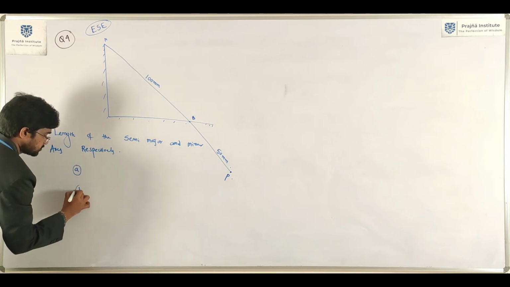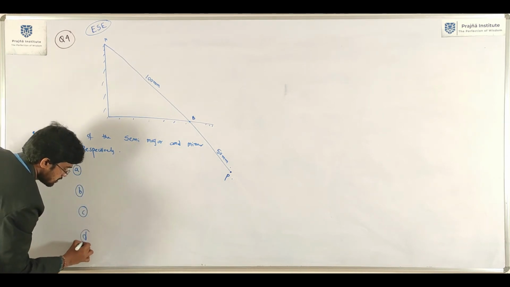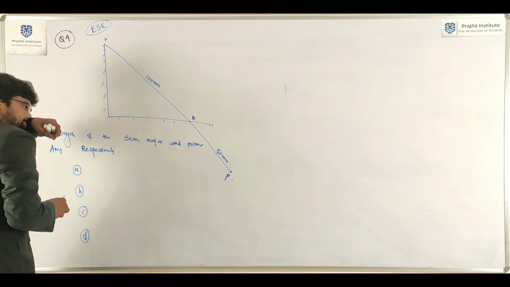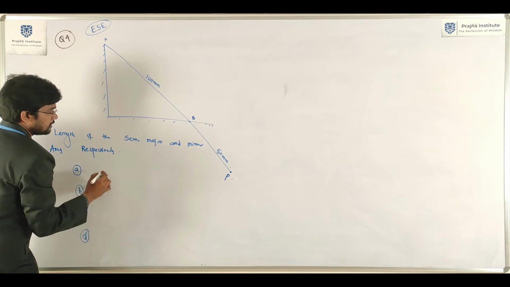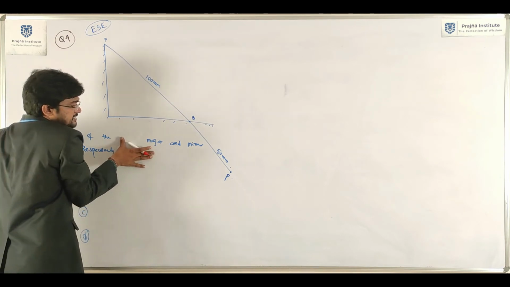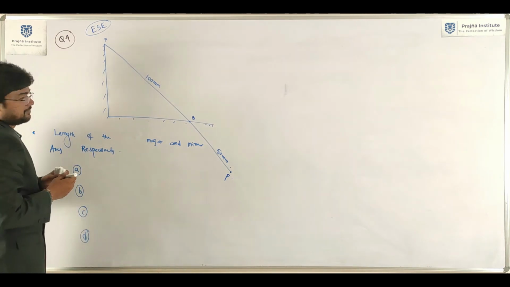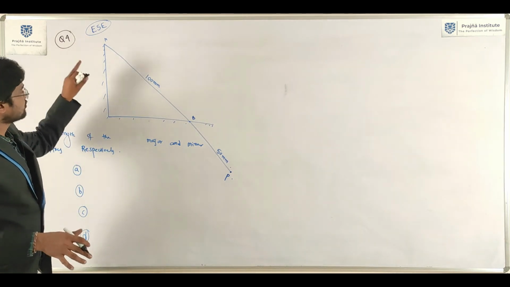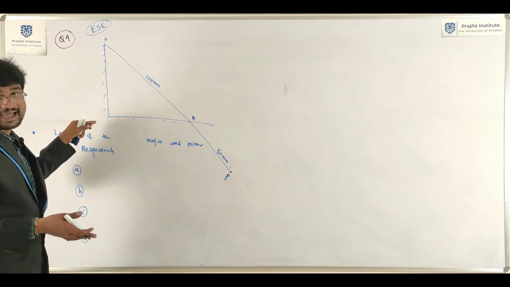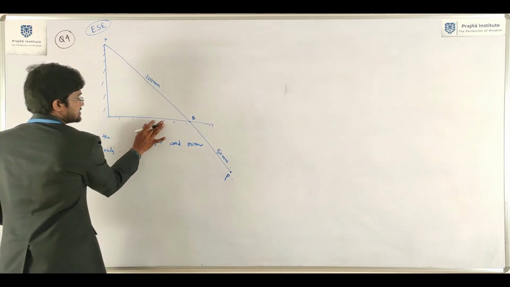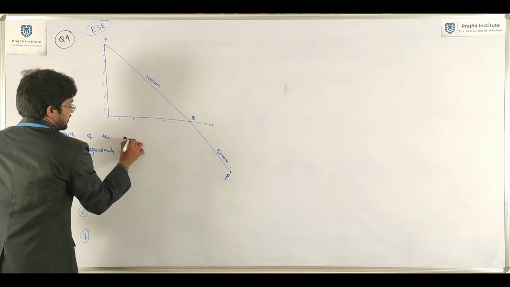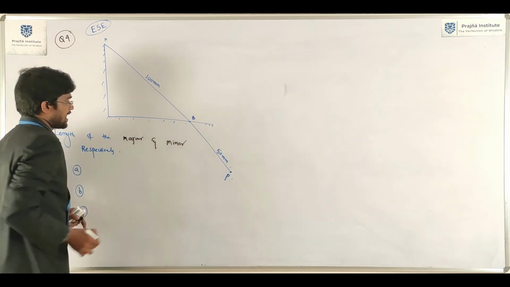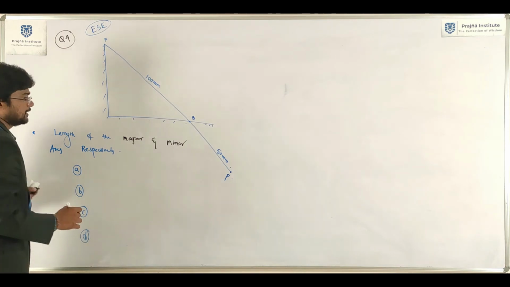Option A, option B, option C, option D. No, the length of the major and minor axis, not semi. Length of the major and minor axis. This is the question. Now the figure is given. It is an elliptical trammel. So the question here is the length of the major and minor axis respectively.